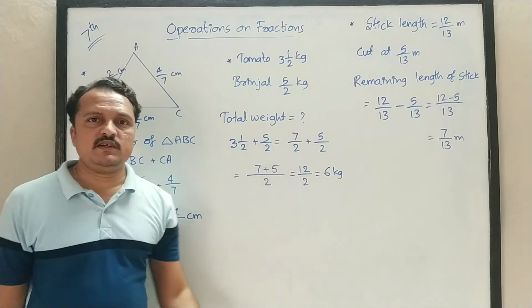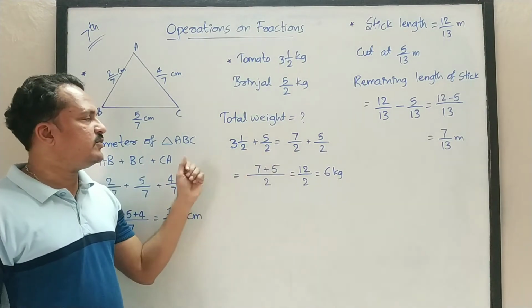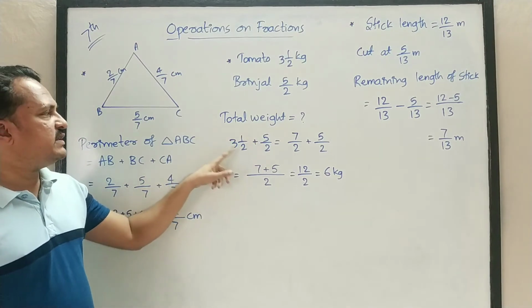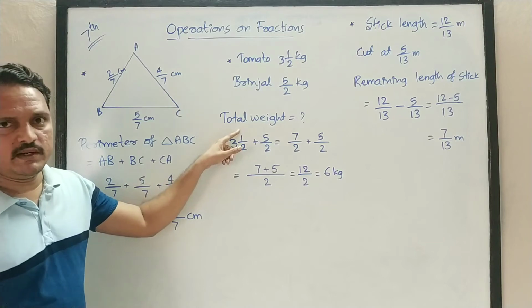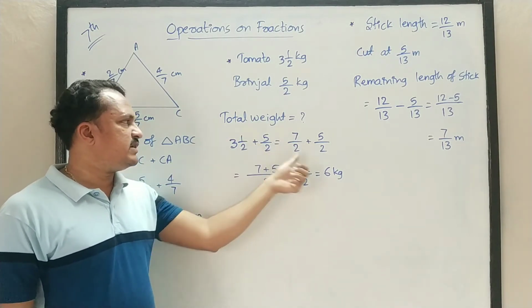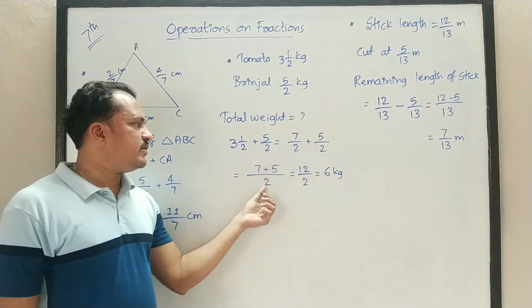First I am going to convert this mixed fraction into an improper fraction. How? 2 3s are 6, 6 plus 1. We multiply these two and add the numerator. So 2 3s are 6, 6 plus 1 is 7, 7 by 2. The denominator will be the same. Then 5 by 2 is the same, LCM is the same, 2 only.